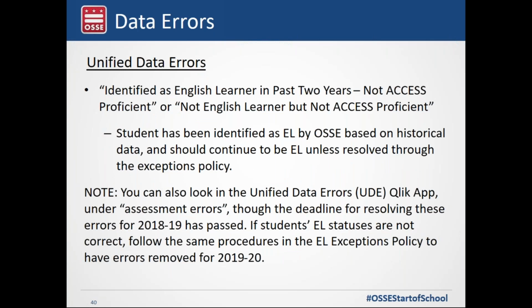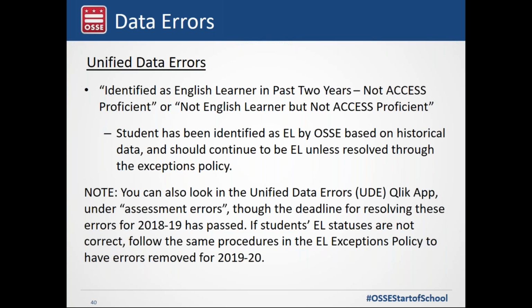In the Unified Data Errors tab, as previously mentioned, the big error here is that students have been identified by OSSE as English learners based on previous English learner statuses and not scoring proficient yet on ACCESS. And then your SIS may tell us that your LEA believes that student is not an English learner. The resolution is to either update your SIS to show that the student is an English learner, make sure that you're providing appropriate services and assessing them on ACCESS at the end of the school year.